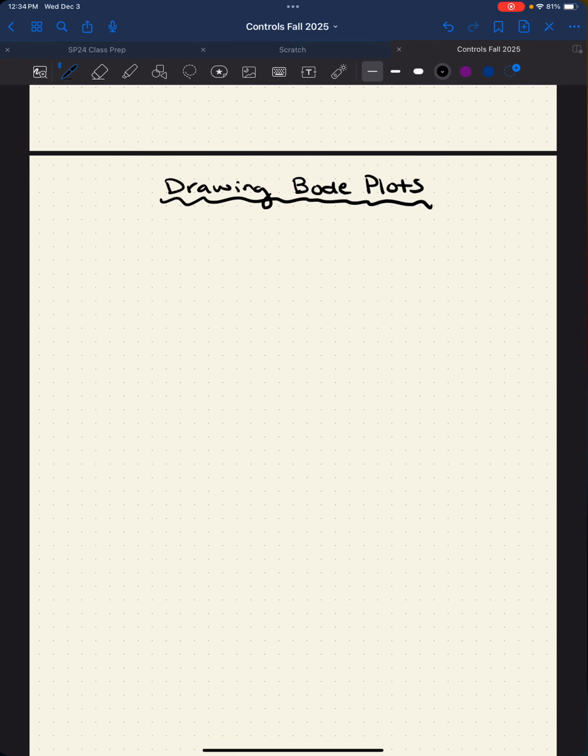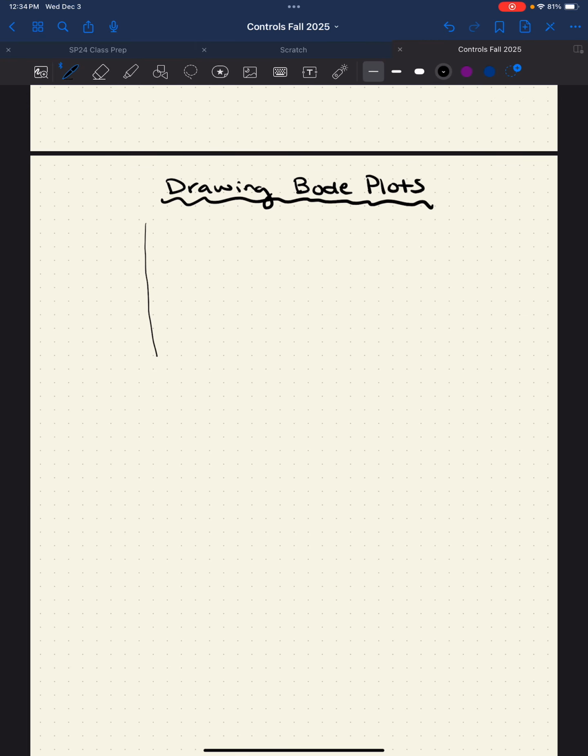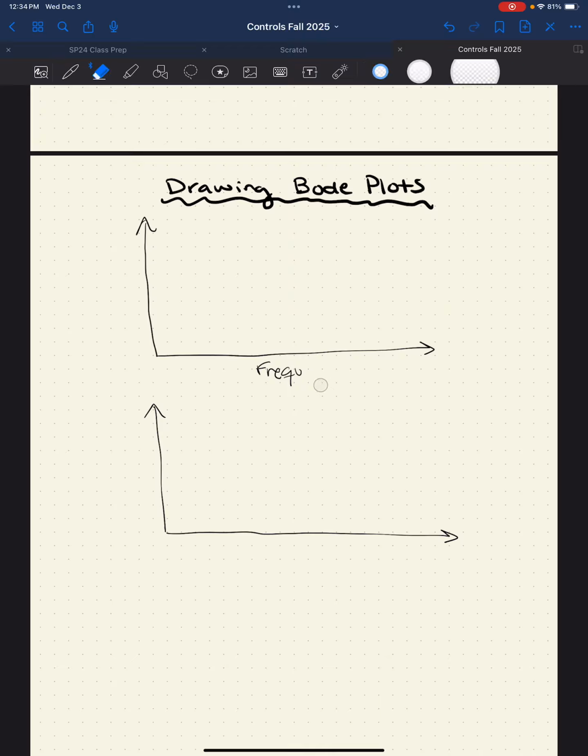In the notes, I explained why these plots are the way that they are. Today, I am just going to explain the rules for how to draw them without explaining why. Both of the Bode plots are two different plots, both of which have an x-axis, which is frequency in radians per second.